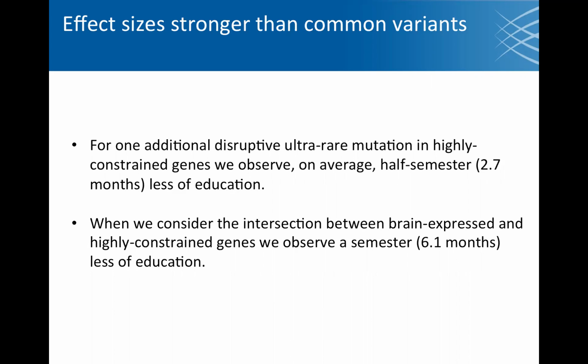When we overlay highly brain-expressed genes and highly constrained genes, we have a subset of around 600 genes, and we can see that the signal almost doubles. It was really the intersection of these two groups that boosted the signal, because if we just look at brain-expressed genes alone and do not intersect them with highly constrained genes, we couldn't see any signal.